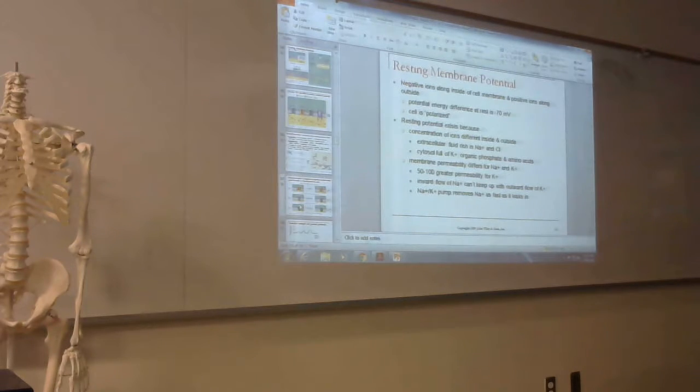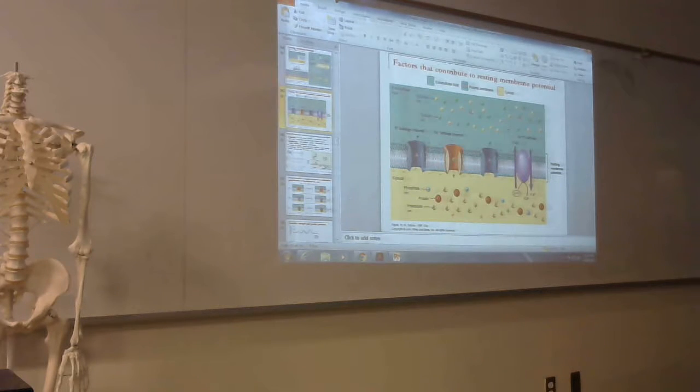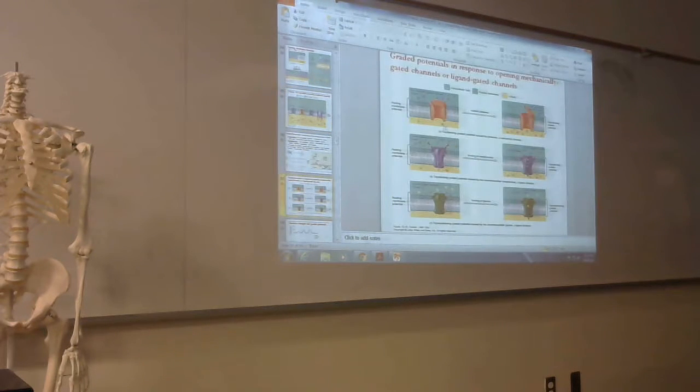When you generate action potential, that's because there was opening of gates from a stimulus. You open either mechanical gates or chemical gates. And then once an action potential is generated, you open voltage gates in the axon.